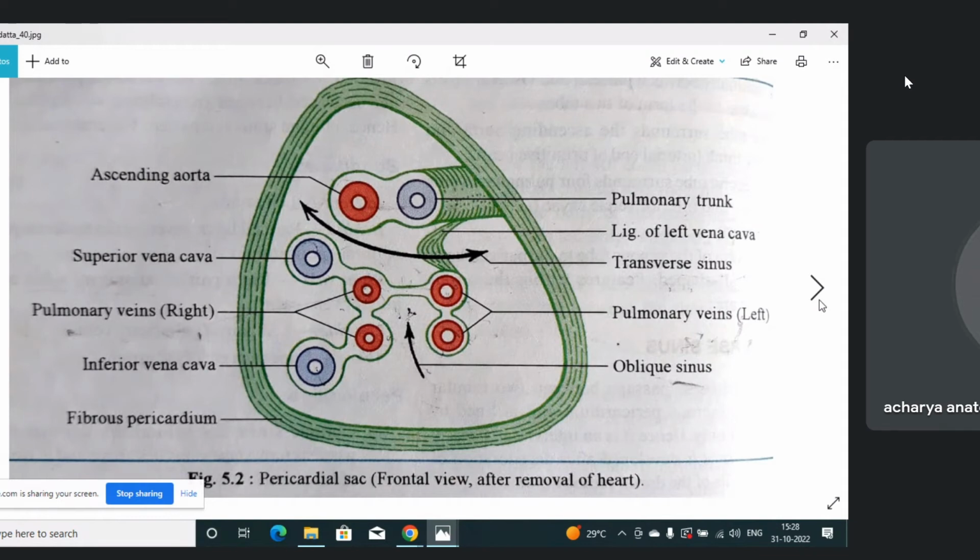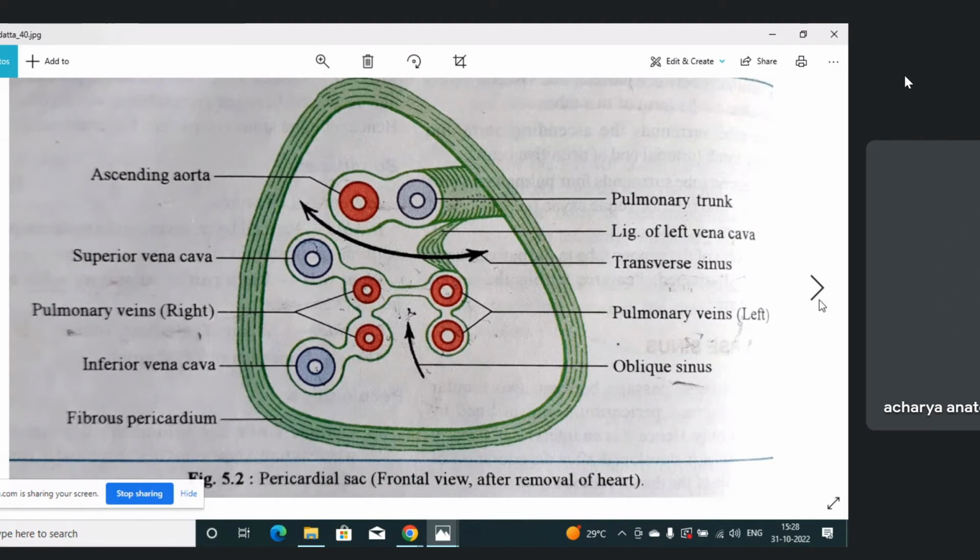Then below, upper surface of left atrium. So these are the boundaries of the transverse sinus.